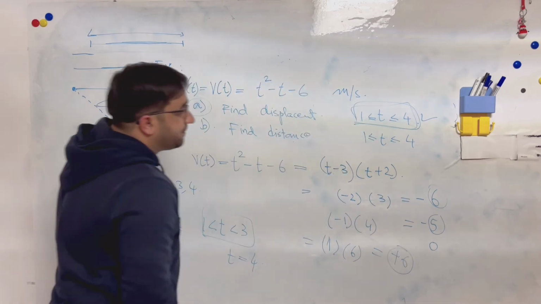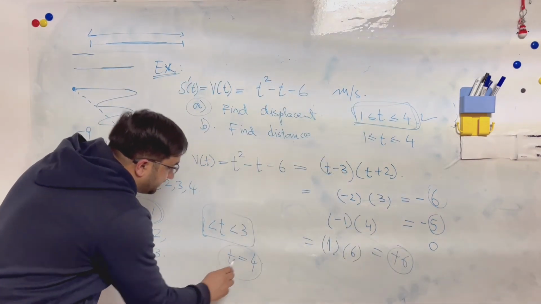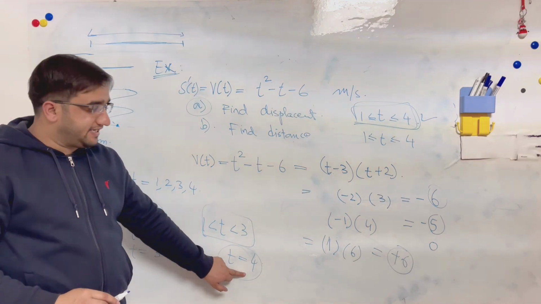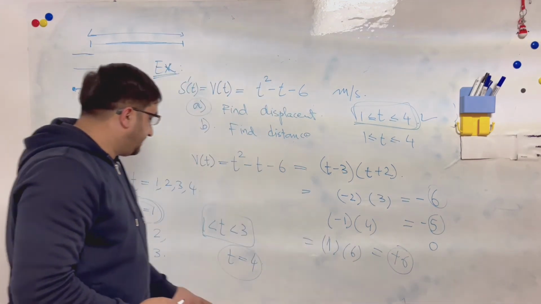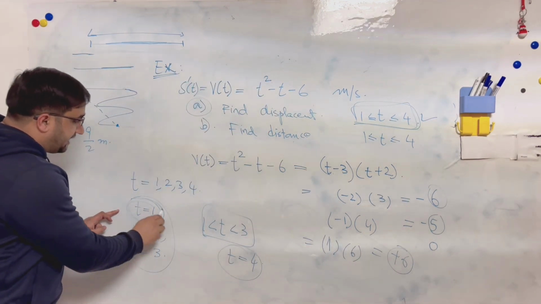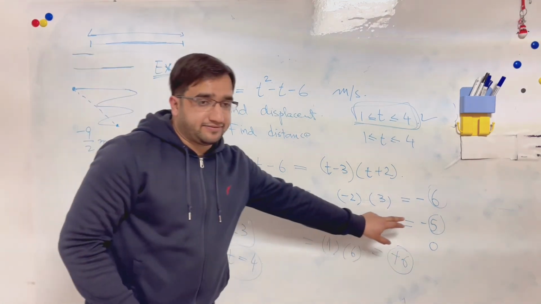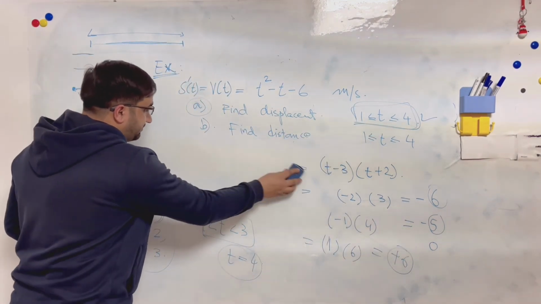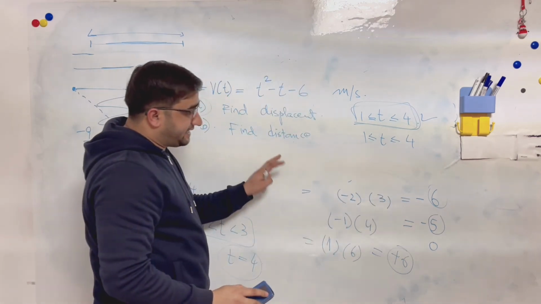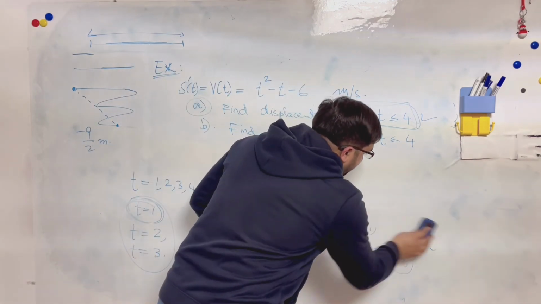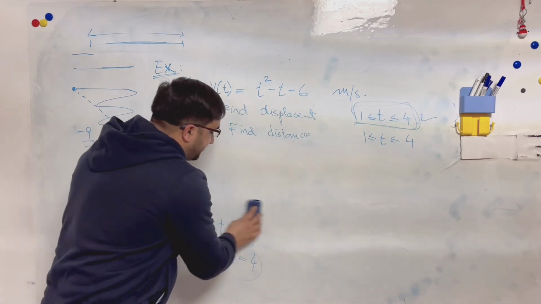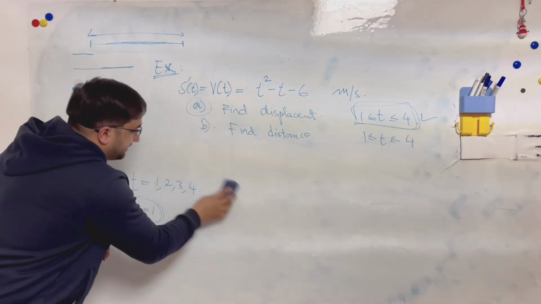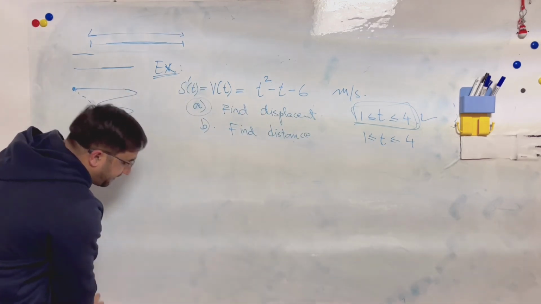So it means the fourth slot is giving a positive distance and the first 3 slots are giving you a negative distance. So you can split this domain into 2 integrals. This whole thing we did only to check which seconds are creating a negative velocity.